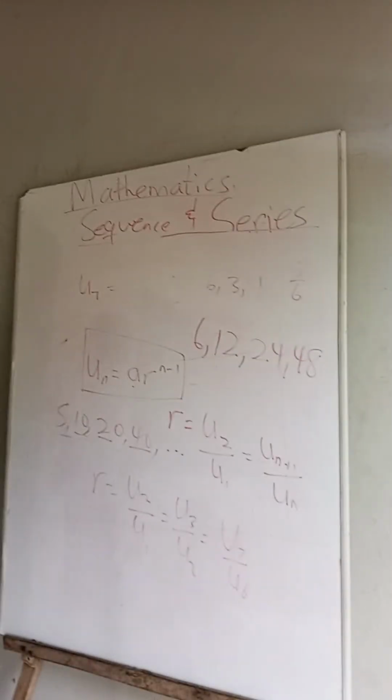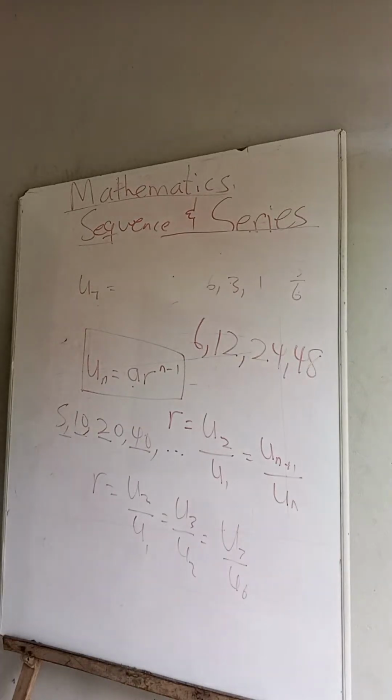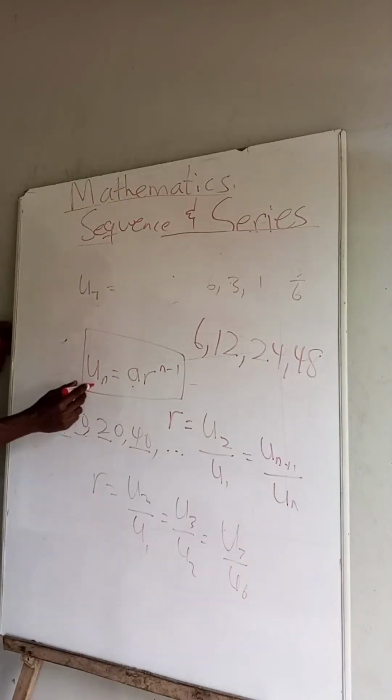You find your R. You are using this formula here, finding U7. What is A?